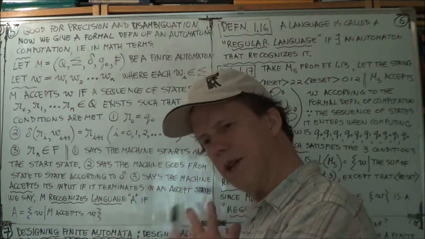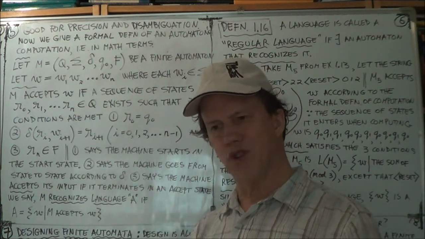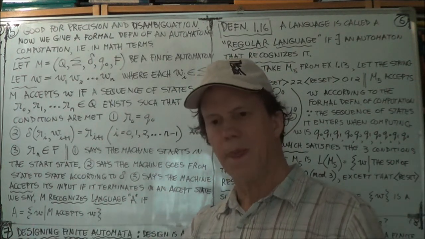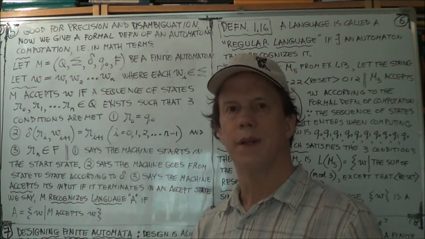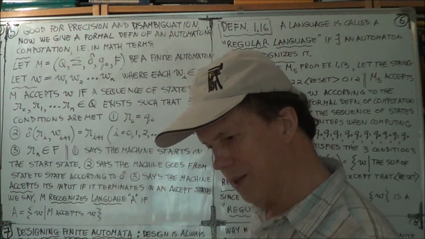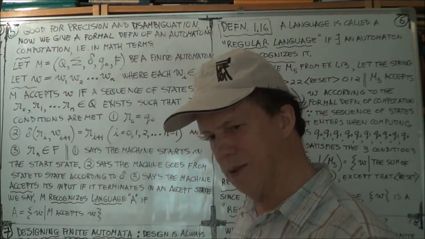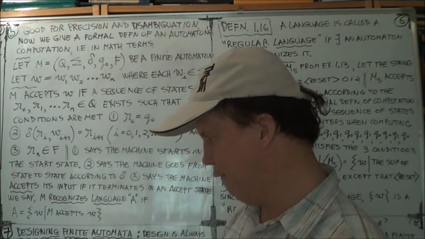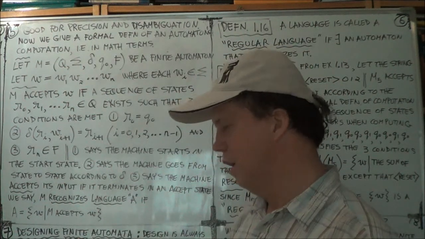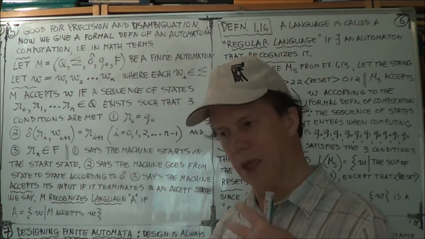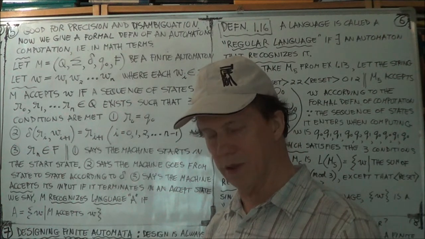So what we're going to do now is translate what I've just been saying into more formal mathematical terms. That translation, from the previous session, is your formal definition of computation, meaning what an automaton does.